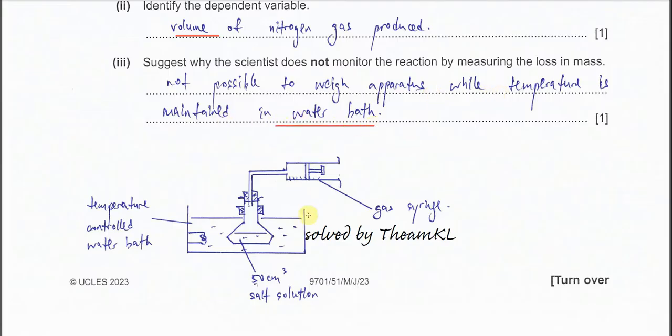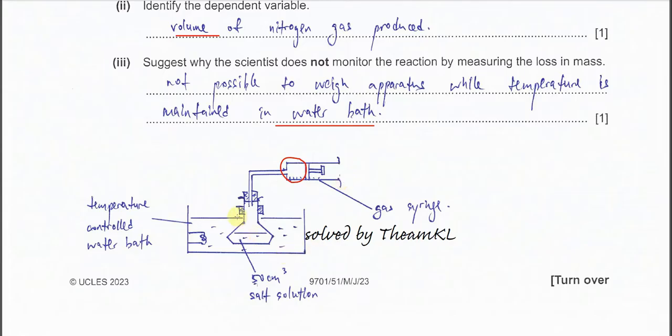Let's say when they ask you to draw the setup, this is how it looks. We put the solution into the special flask, then connect this flask with the gas syringe, so we can collect the nitrogen gas at different times. We just read the gas syringe volume at different times, so we can get the rate and the order later.